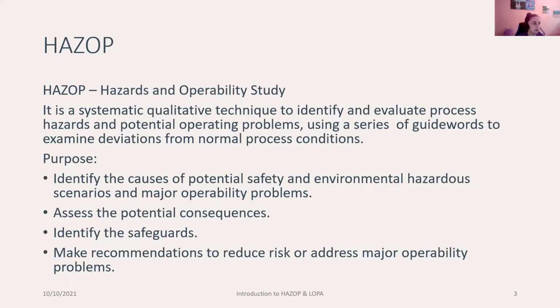Check and identify what safeguards we have in place, if they're sufficient, if they are enough, or we need to have additional ones to keep our process safe. And of course, make recommendations to reduce the risk which has been identified during the HAZOP and to address any major operability problems.